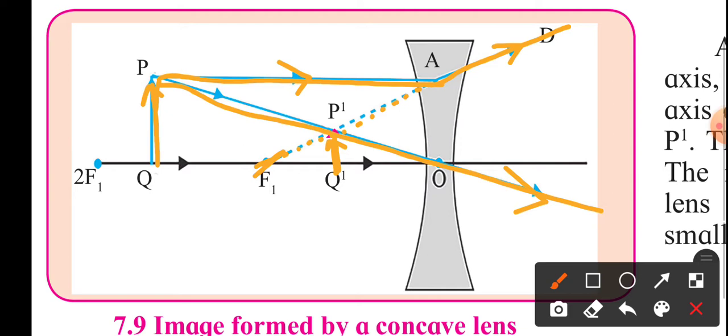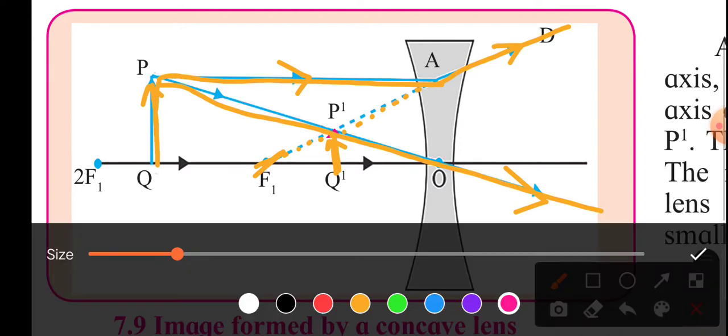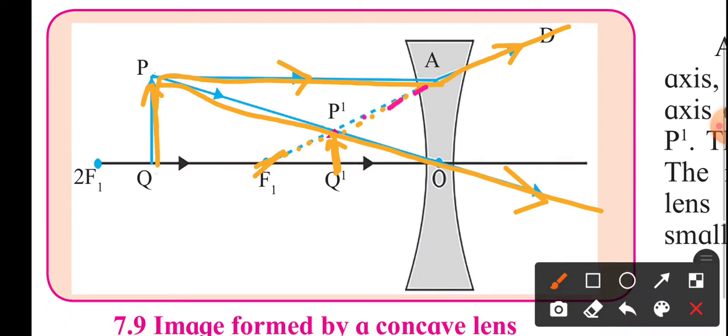Why virtual image? Because this portion of the light ray is virtual, it's not real. Why? Because light never travels in a backward direction. So we are taking it in a backward direction, so it is a virtual part, it's imaginary. Due to that, the image formed over here will be a virtual image.